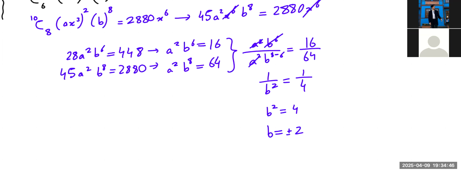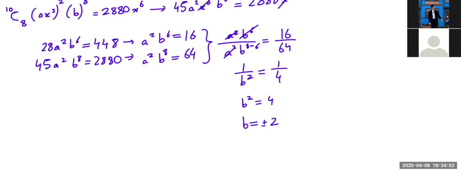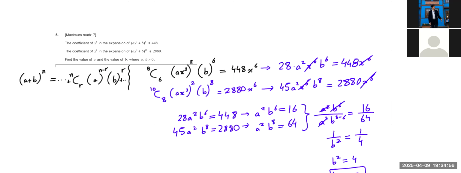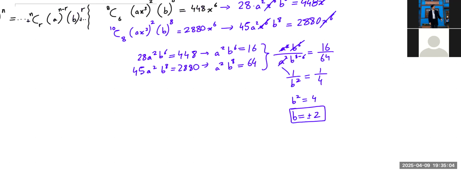Remember that this rule for binomial expansion only works for, no, actually both of them are possible. So b can be plus or minus 2. What I was going to say is that the powers can only be positive numbers, but we're not talking about the power, we're talking about b. So b can be plus or minus 2. And since b is plus or minus 2, we can plug it into either of these two equations to get a.